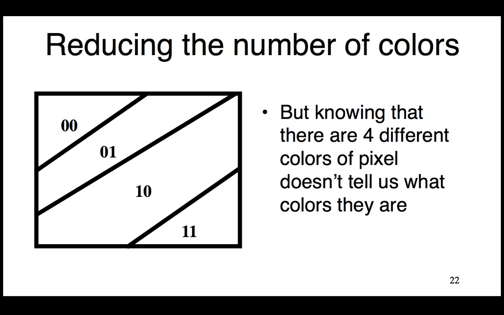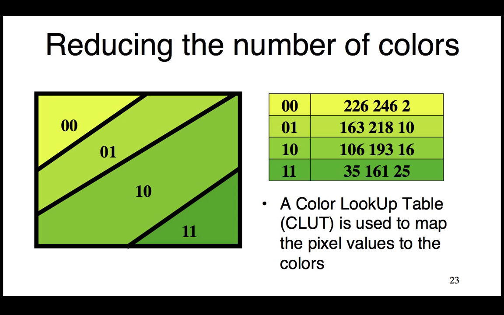However, in this scheme here, we've got color 1, color 2, color 3, and color 4. There's nothing about that information that tells us what colors they actually are. And so in a scheme like this, which we call indexed color, we have to use a color lookup table to tell us what the colors actually are.